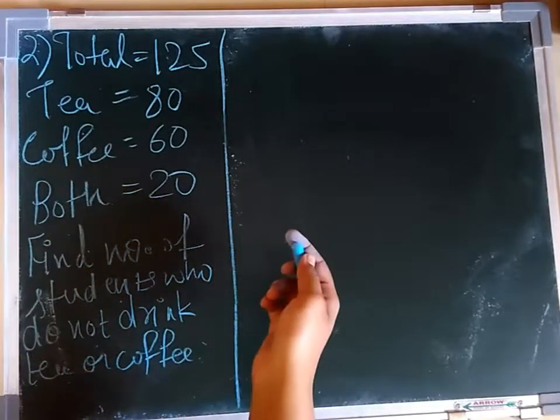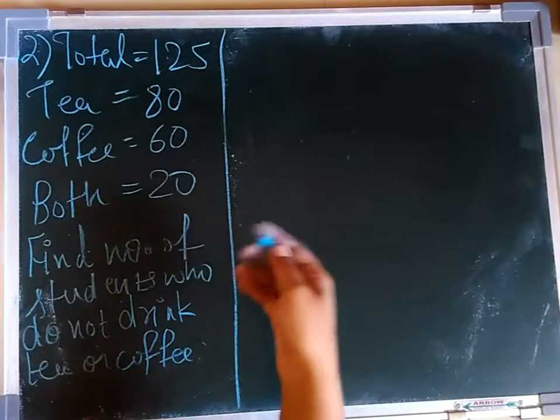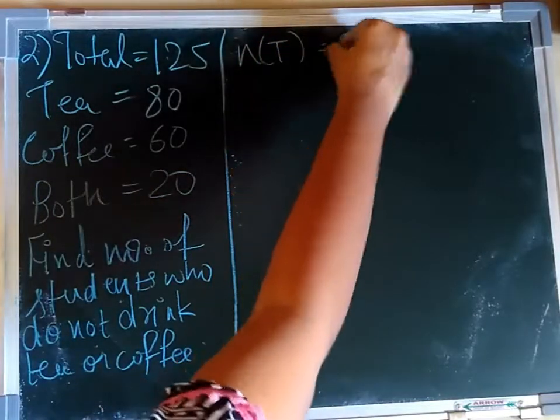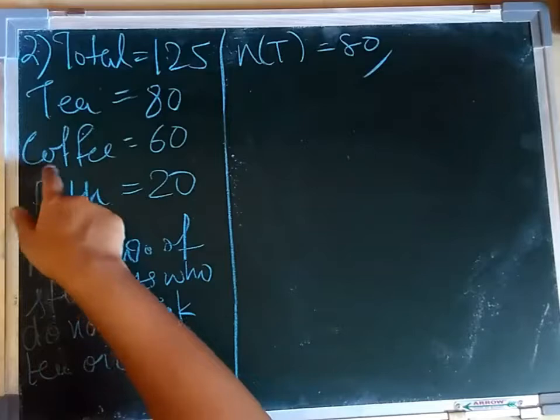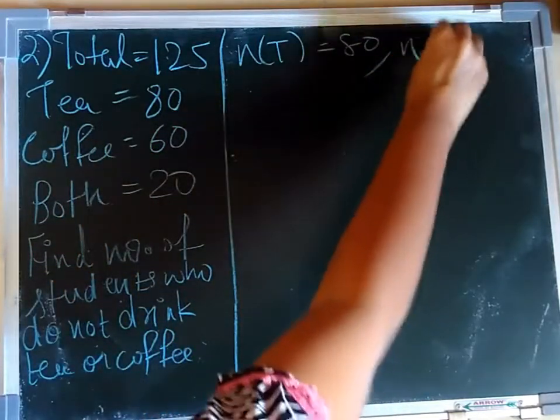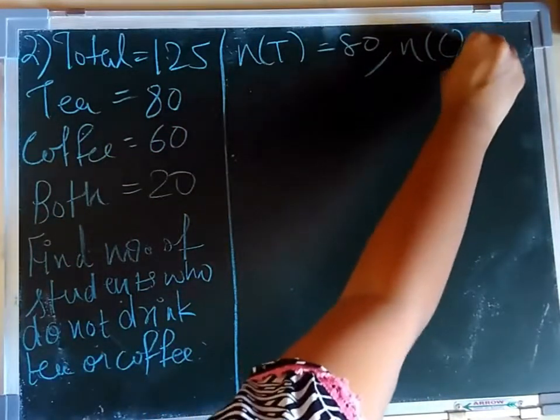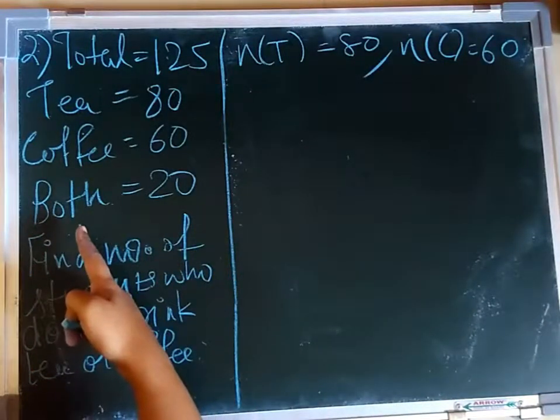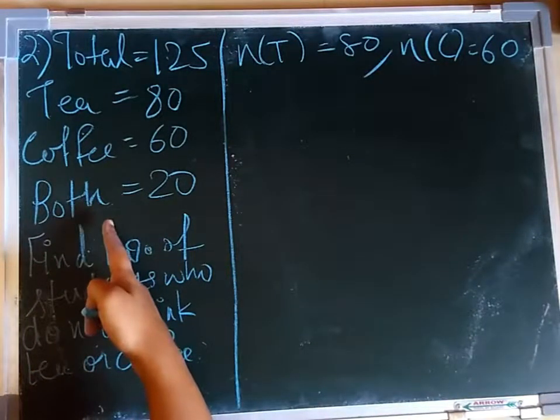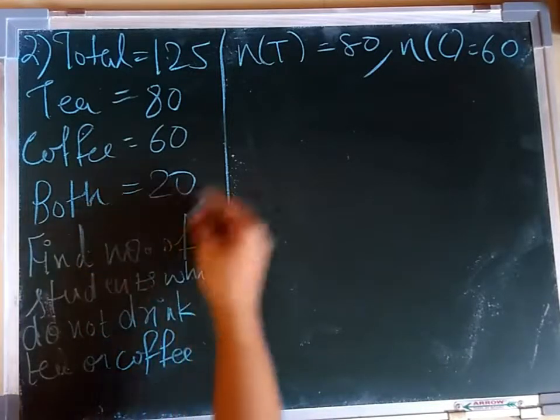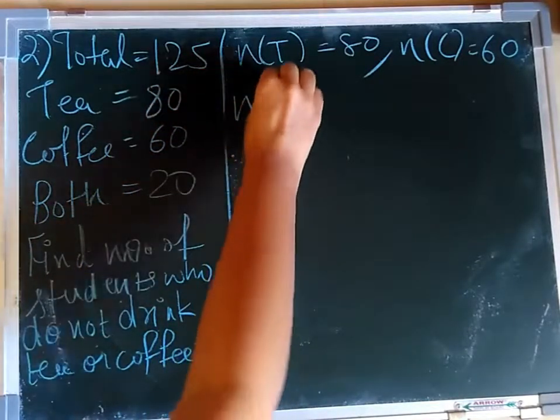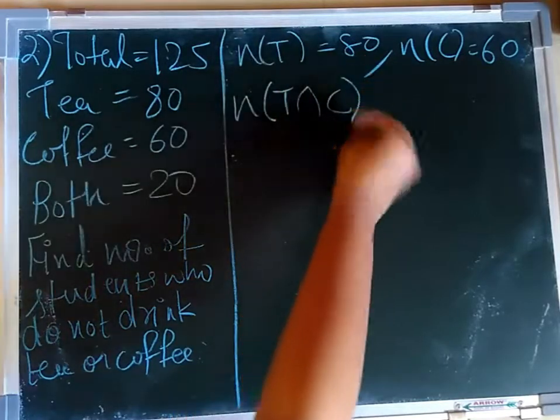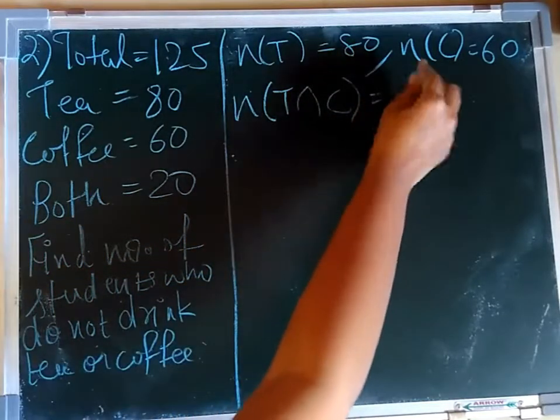Okay, so let's say T is the set of students who drink tea. So we have that N of T is 80. Similarly, C is the set of students who drink coffee. Then N of C is 60. And drinking both means T as well as C, that is T intersection C is 20.